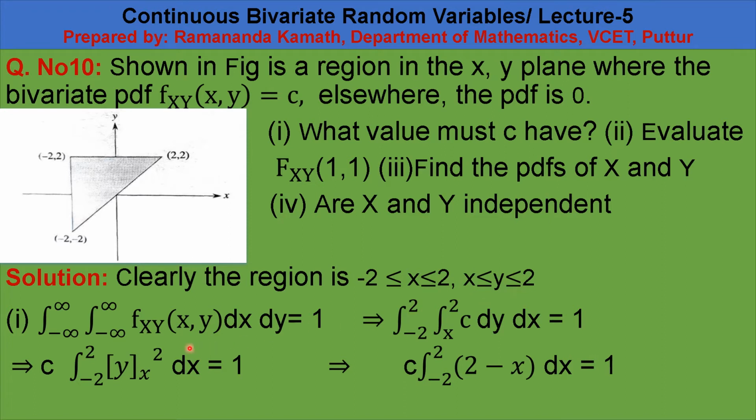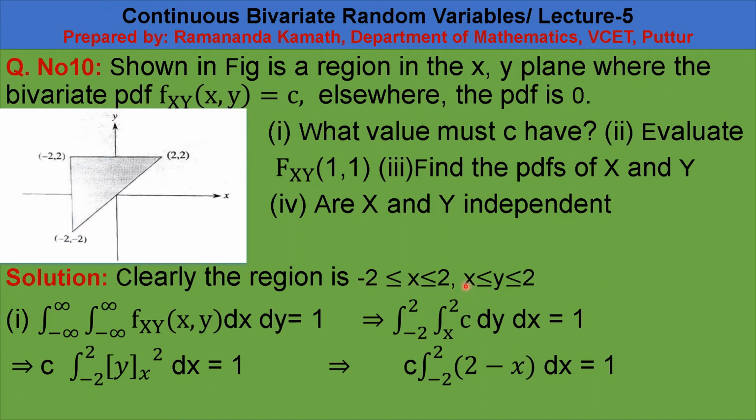Then to find c, fxy of x comma y is the joint probability density function, so the double integral of that from -infinity to +infinity must be equal to 1. Now the inner integral we take with respect to y and the outer integral with respect to x, because the limits of x are purely constant while the limits of y consist of the variable.